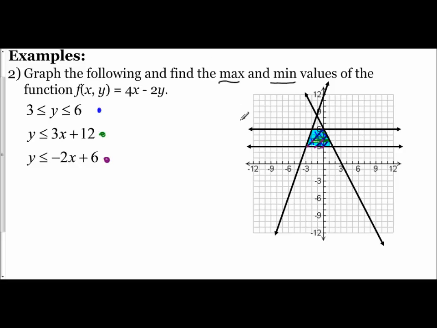So if I look at my first one, I see a vertex right here, and that is the coordinate -3, 3. I come up, I see I have another vertex right here, and that is the coordinate -2, 6.